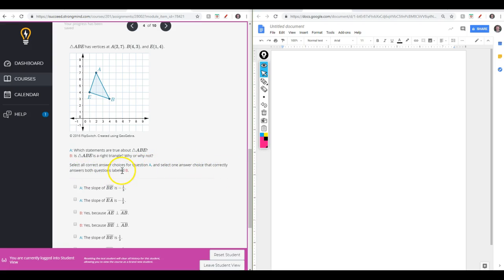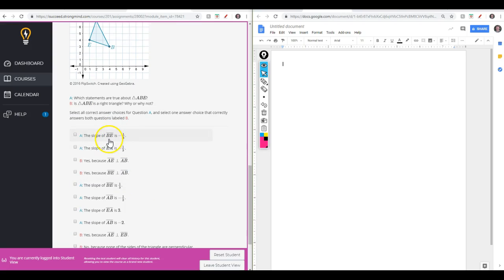So I am just looking at where it says the slope of the segment, and yes, because segment AE is perpendicular to segment AB.